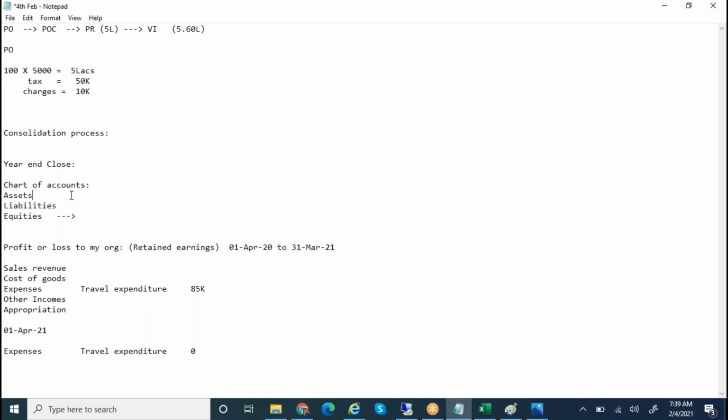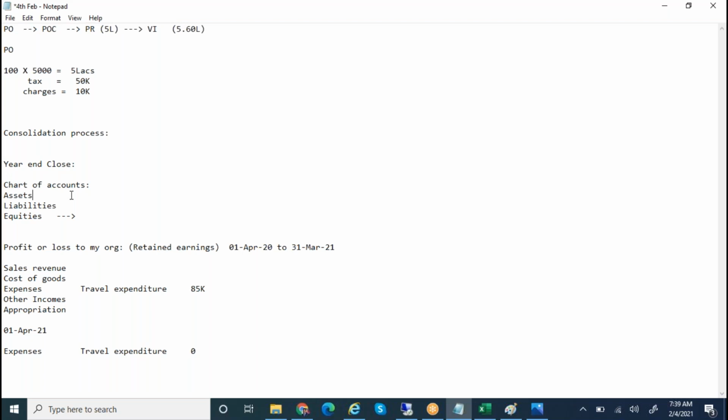Another one is machinery or buildings. I have a building worth 20 crores; it will be carried forward to the next year. There will not be any change in the amounts. Of course depreciation will be there, that we will discuss later, but asset balances will be carried forward to the next year.